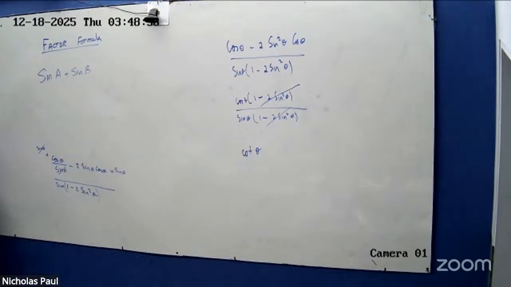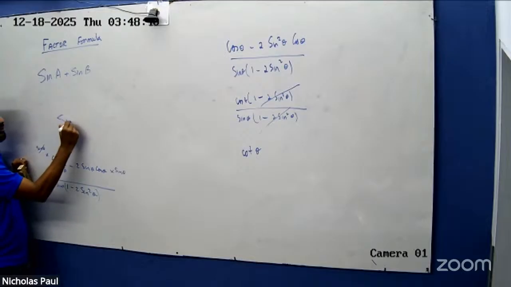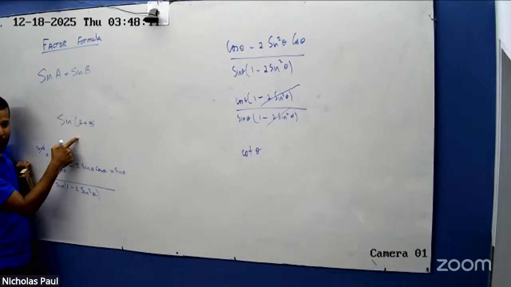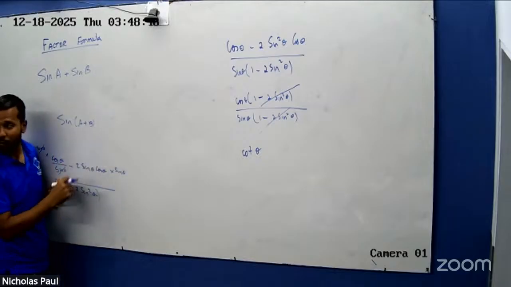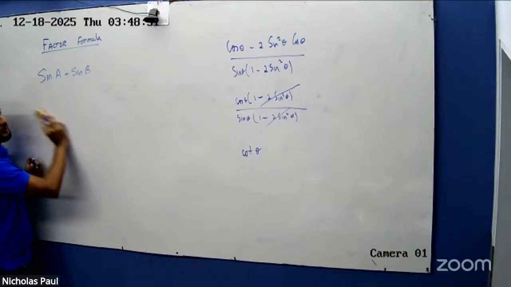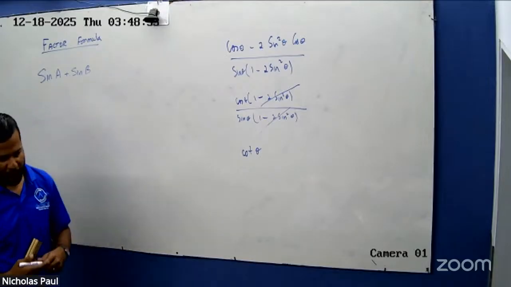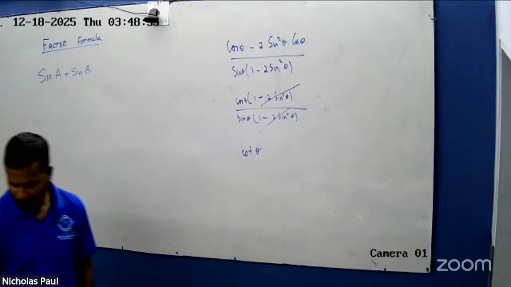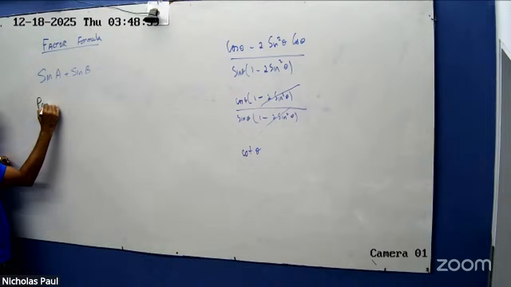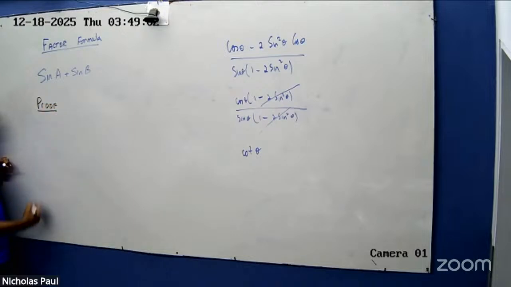Okay with that? The one that we did here, sine A plus B, that was called your compound formula. So we need to find a way to develop a formula for this. Right? So I'm going to show you the proof here. In order to do this, we have to use the compound formulas.